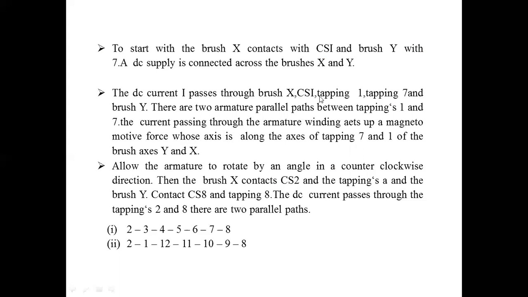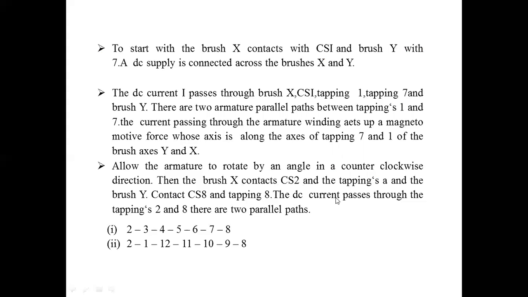There are two armature parallel paths between tappings 1 and 7. The current passing through the armature winding sets up a magnetomotive force whose axis is along the axis of tappings 7 and 1, the brush axis Y and X. Now allow the armature to rotate by an angle in a counterclockwise direction. Then brush X contacts CS2 and tapping 2, and brush Y contacts CS8 and tapping 8.